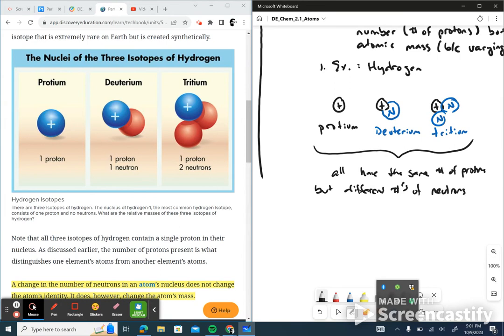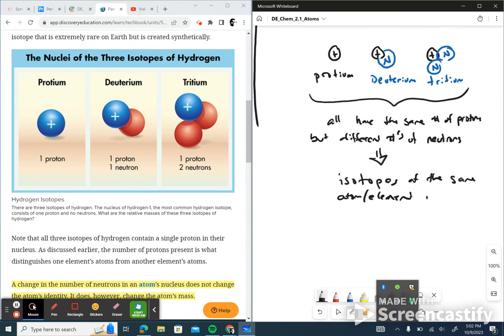And that's simply what constitutes isotopes of the same atom, or we could say of the same element. So in this case, how many are there? There are three isotopes of hydrogen.